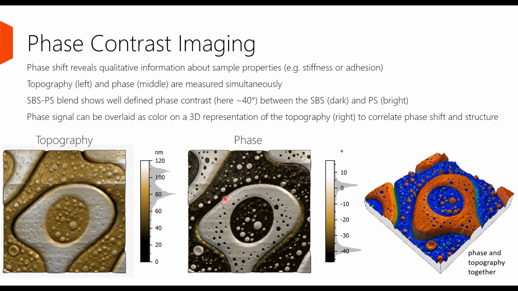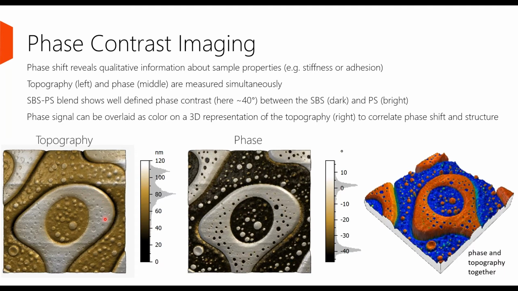So this tells you basically that the lighter areas are different from the darker areas. And we can see a little bit in the topography in the middle section here, there are some islands in there, but we can actually see in the phase contrast that those islands are a different material. So they have a different stiffness than the area behind.